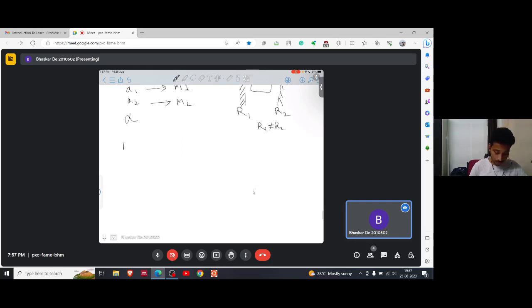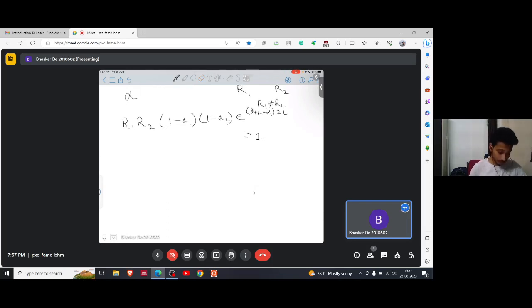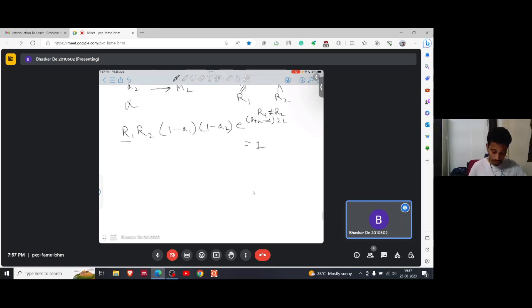So for this general case, the equation will become r1 multiplied by r2, then (1 minus a1), (1 minus a2), then e to the power (g_th minus alpha) 2l equal to 1. So this is the reflectivity of the first mirror, the reflectivity of the second mirror.